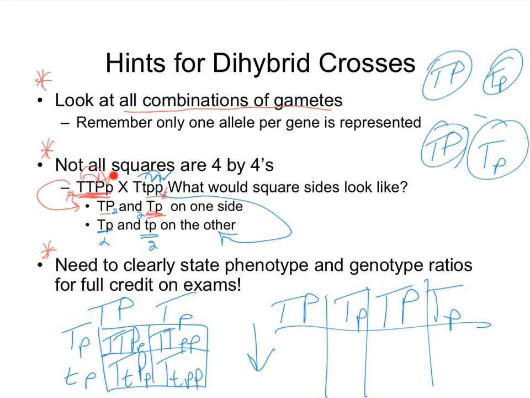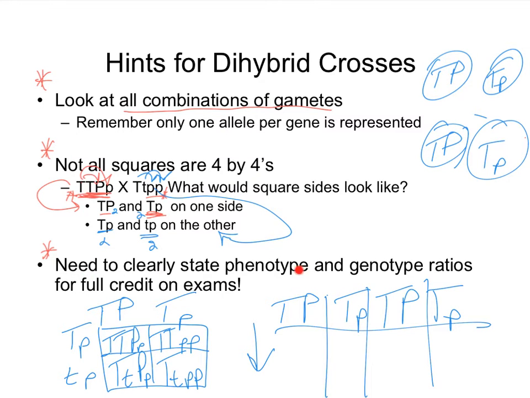Not all squares are necessary when you have a homozygous on one of the genes. And I think you've seen that in some of the sample problems we've gone through. In fact, one of the other videos I sent you was discussing what you do when you have a homozygous parent. One of the students asked, why don't you do FOIL with the homozygous parent? And the answer was there was no need to, because there was only one possible gamete that it could make. In this case, there's only 2 possible gametes these two can make.